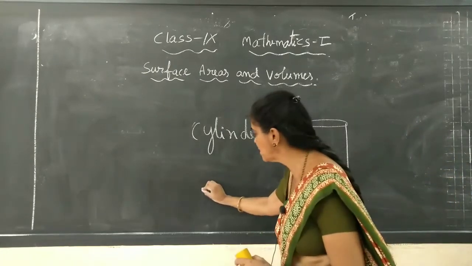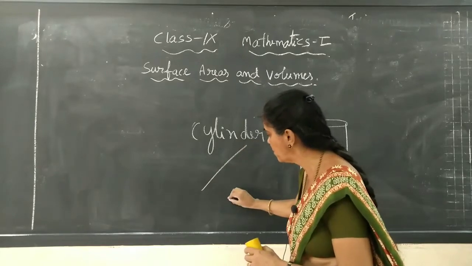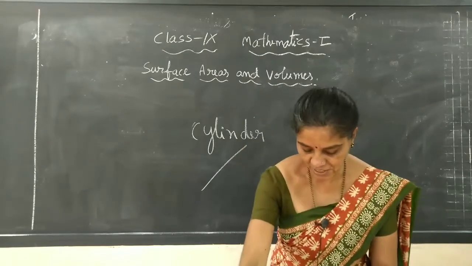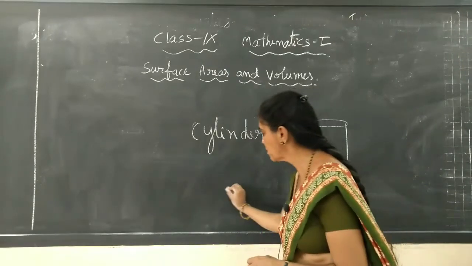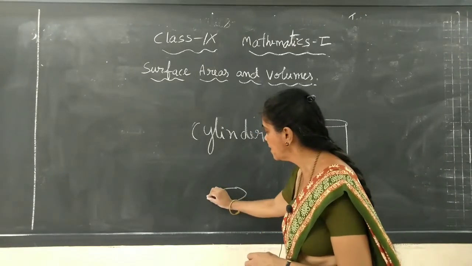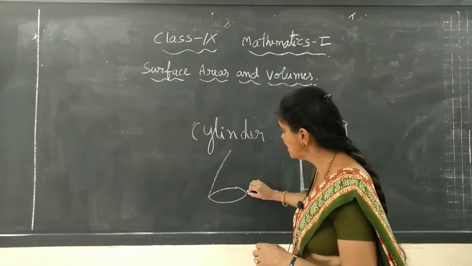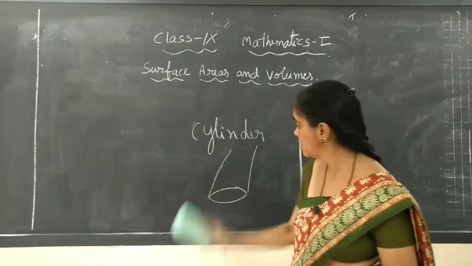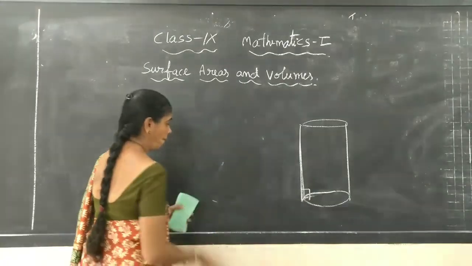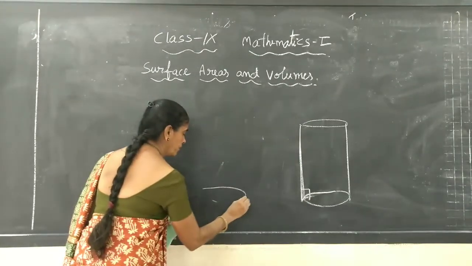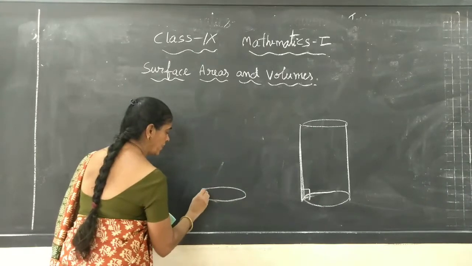Because you may have some cylinder of this type where the circular base may be like this way and it may be slightly slanted. Wait, I will draw it properly. Sometimes you get this type of cylinder.